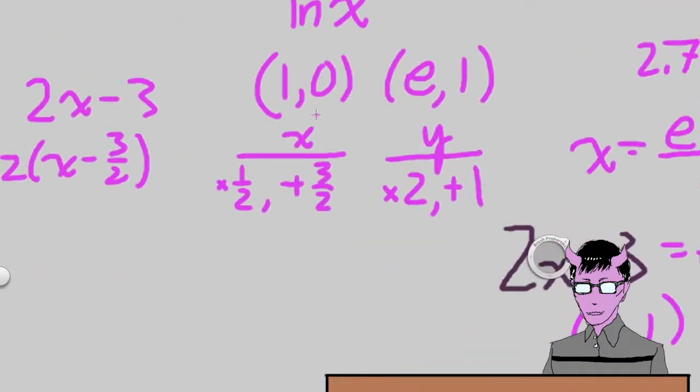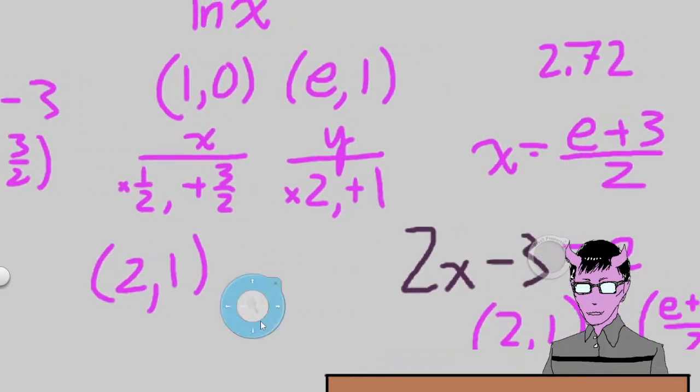Alright, which means we can transform this one from parental anchor points into actual anchor points. So times 1/2 is 1/2. 1/2 plus 3/2 is 4/2, which is 2. Now transform the y. There it is. Transform the x value according to the x mapping.